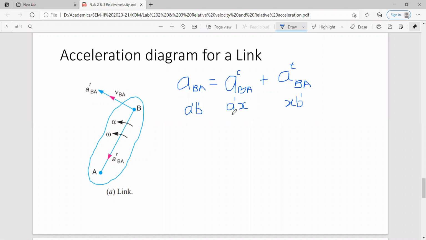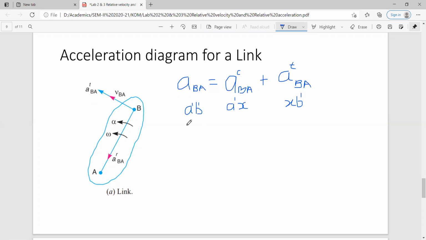If you add these two components a dash x and x b dash, then whatever resultant vector will be, that will be a dash b dash. So these are the components and it is the total acceleration.